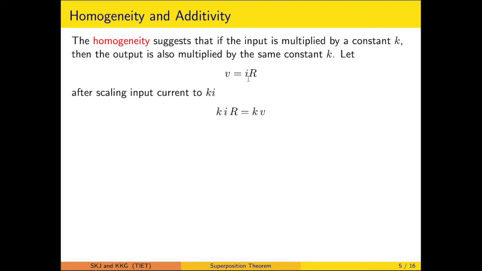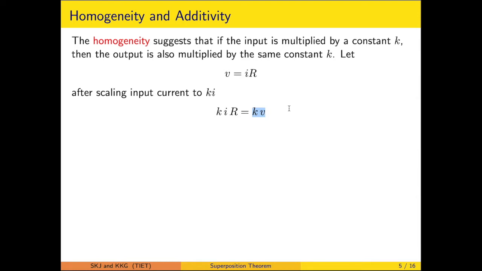Let's say the initial input current is I, which is scaled to KI. Then the voltage across the linear element, say a resistor, will also be K times V, where V is the initial voltage. The same relation holds true for the inductor and capacitor, because they are linear elements.